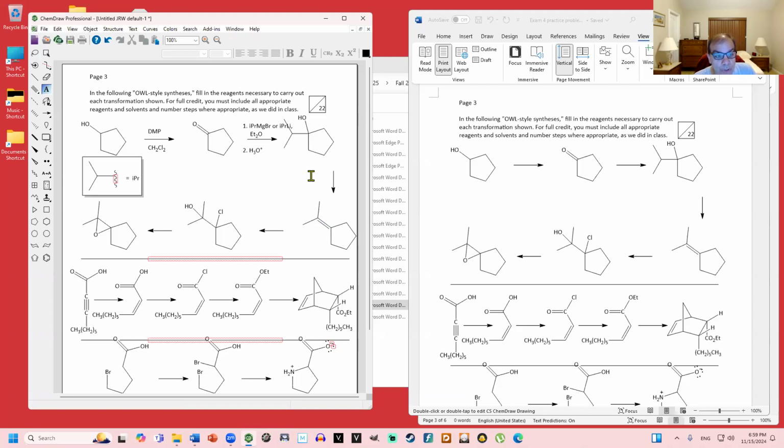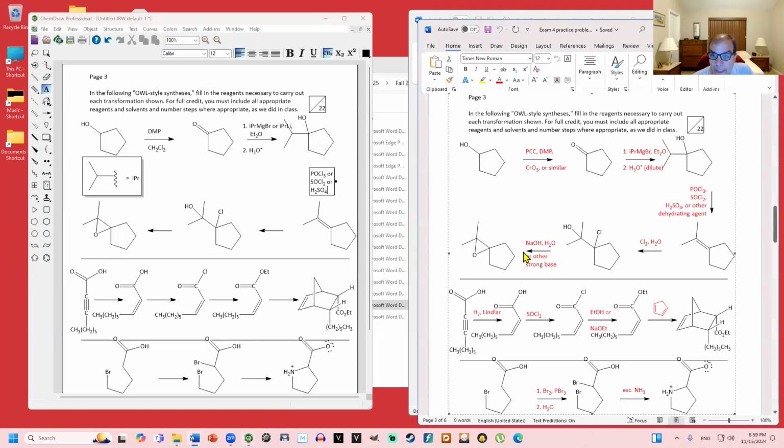There are other really good dehydrating agents like phosphorus oxychloride. Thionyl chloride is another good one. In fact, if someone even just put sulfuric acid, that's fine. Concentrated sulfuric acid is a very good dehydrating agent. Let me see if I forgot any.